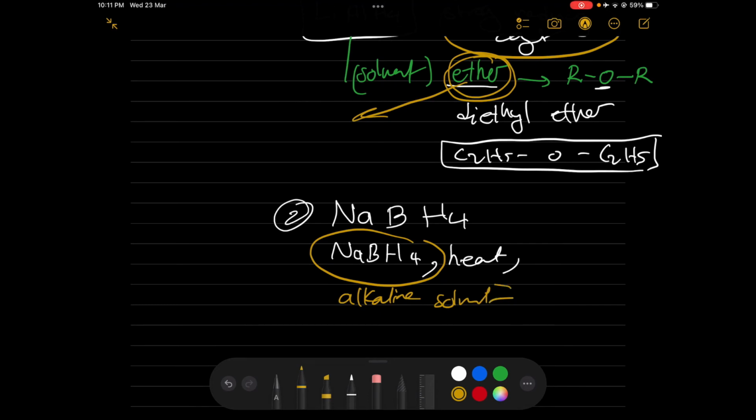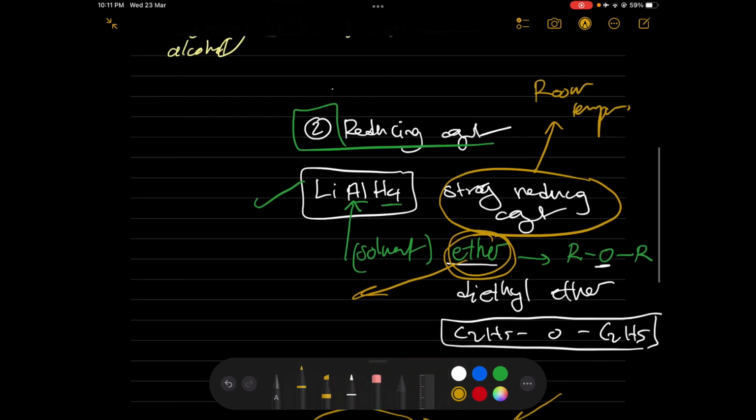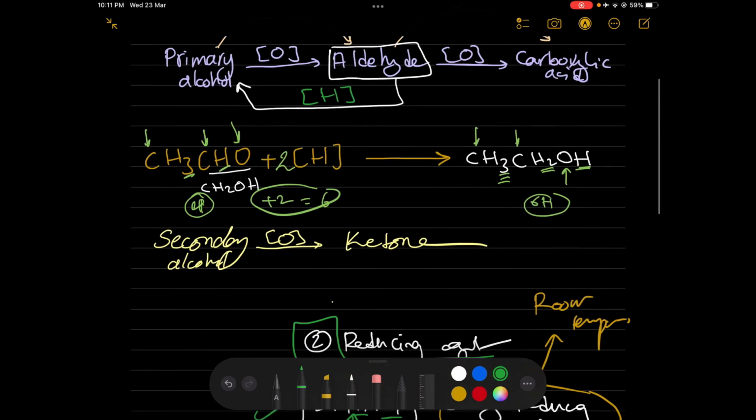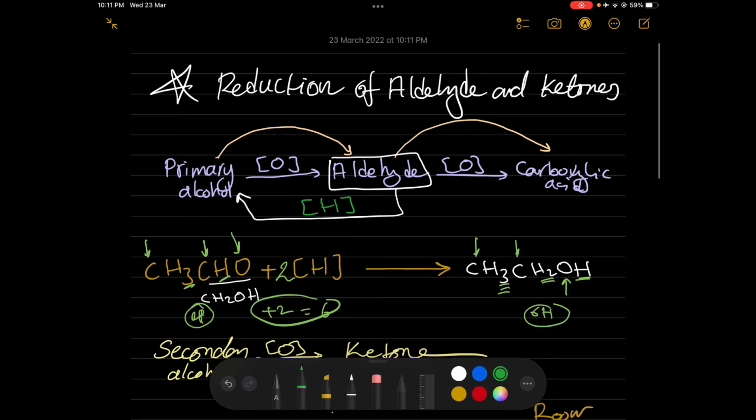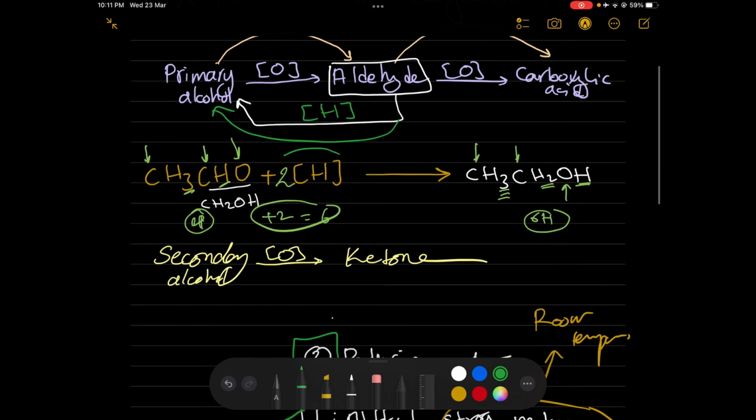So you put it in an alkaline solvent with heating, and then it will work as a reducing agent. These are the two famous reducing agents that we're going to use. We just noticed that we can change the aldehyde into a primary alcohol using a reducing agent, and we describe the reducing agent in terms of H in square brackets.